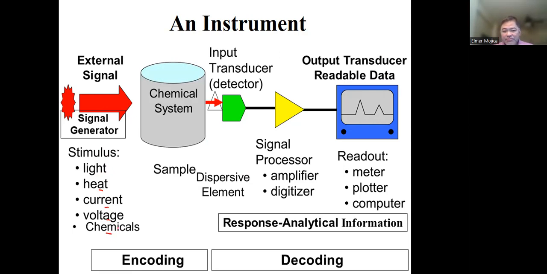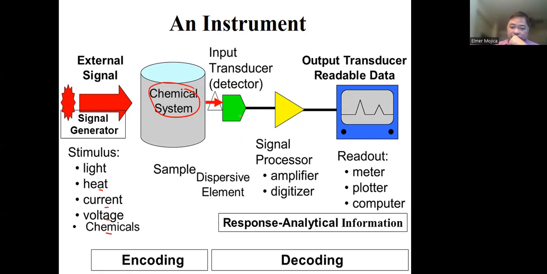So what happened? If there is some sort of a reaction, when you expose it to light, it induces a reaction in the chemical system where you analyze it, and it can put out a signal.